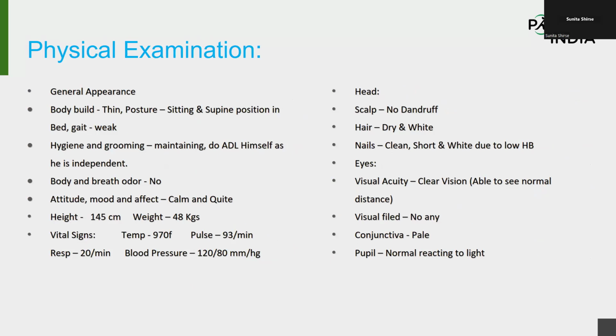Height 145 centimeter, weight 48 kg. Vital signs: temperature 97.0 Fahrenheit, pulse 93, respiration 20 per minute, blood pressure 120 by 80. Visual acuity clear vision, able to see normal distance, visual field normal, conjunctiva not pale, pupil normal, reacting to light.